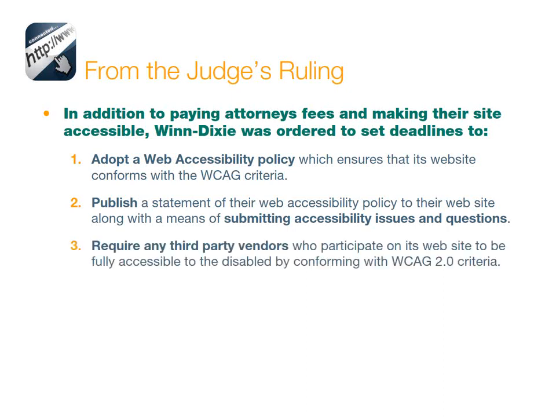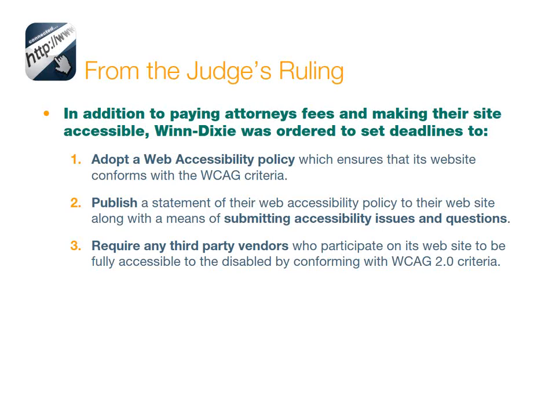This third one is really important. One of Winn-Dixie's arguments in the case was that their website relied on a lot of third-party vendors, and those third-party vendor integrations weren't web accessible. And the judge basically said, in his opinion, too bad. You select your third parties.